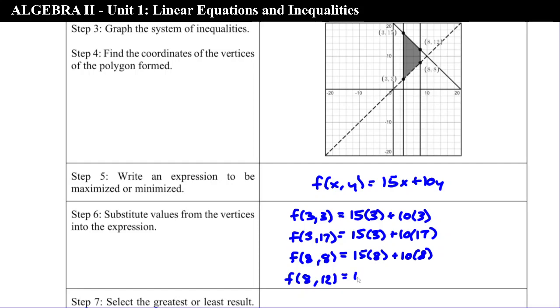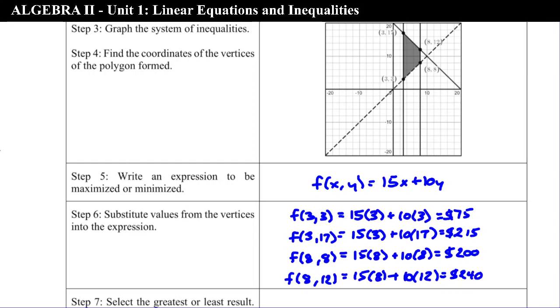And then 15 times 8 plus 10 times 12. When you evaluate all four of these, you end up with $75, $215, $200, and finally $240.